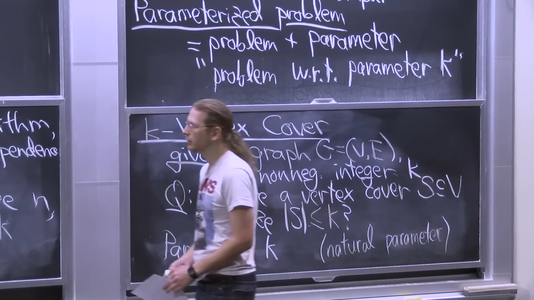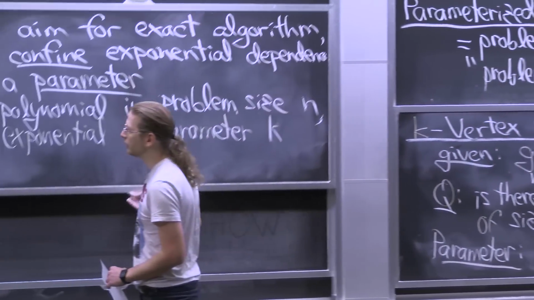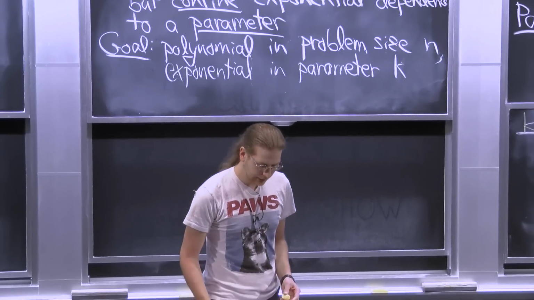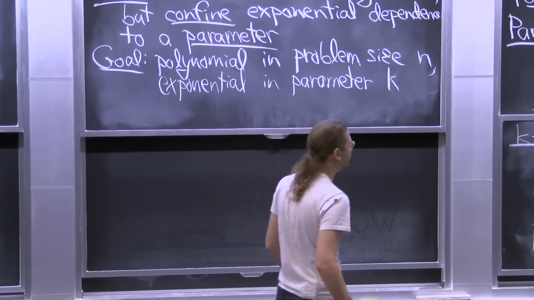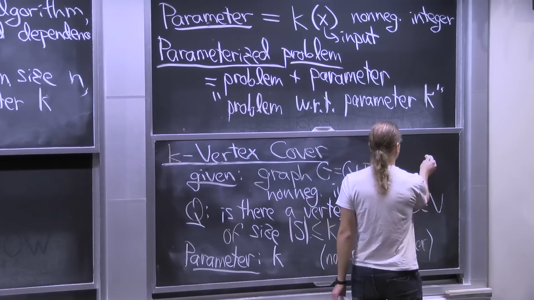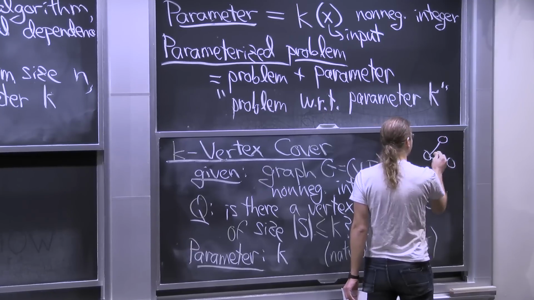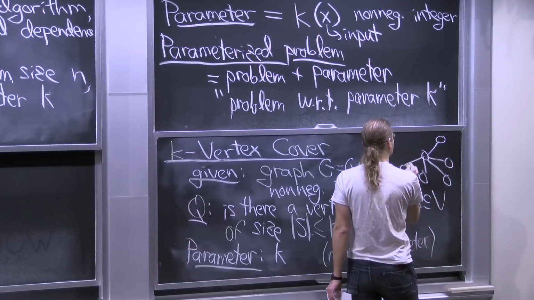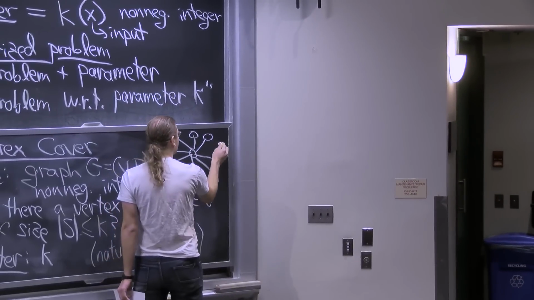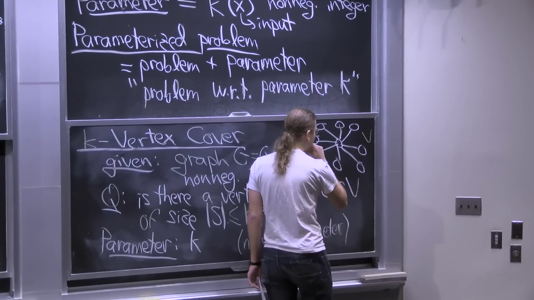All right. So that's the setup. Let's do some algorithms. I guess the first note is that k can actually be small. A nice example is a star graph. So you have v vertices.